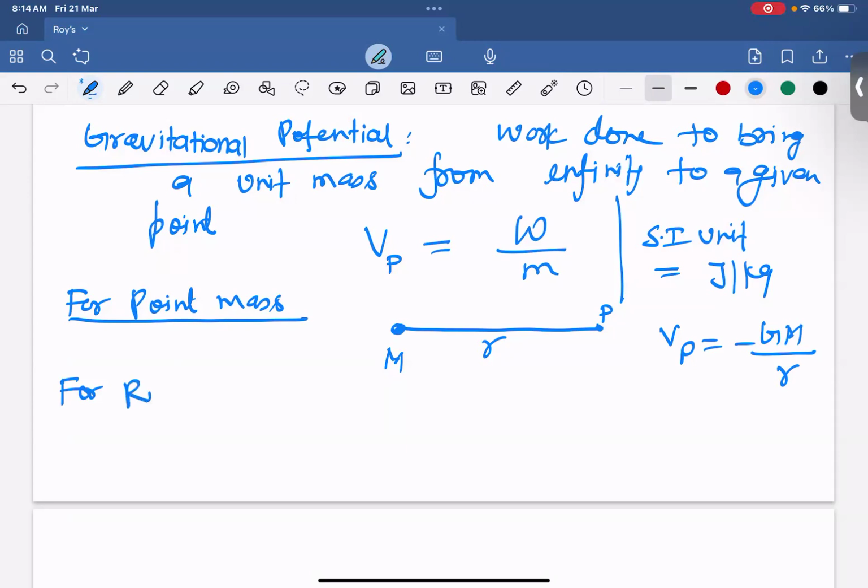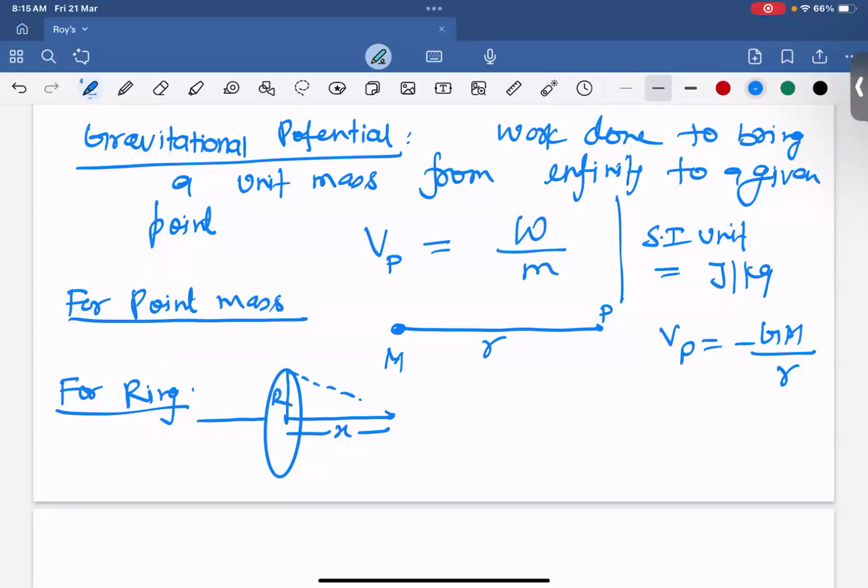If you have a ring, let's suppose I have a ring here, and for this ring I want to find the potential at a point on the axis. The point is at distance x, let's suppose. Here you can take the radius.